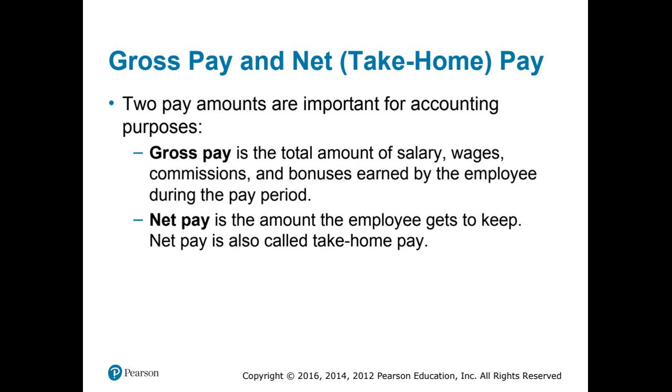You have taxes, Social Security, you might have insurance through your employer where you have that deducted from your paycheck. All of these different things can affect your net pay. So your gross pay could be $500, but your net pay could be $300.